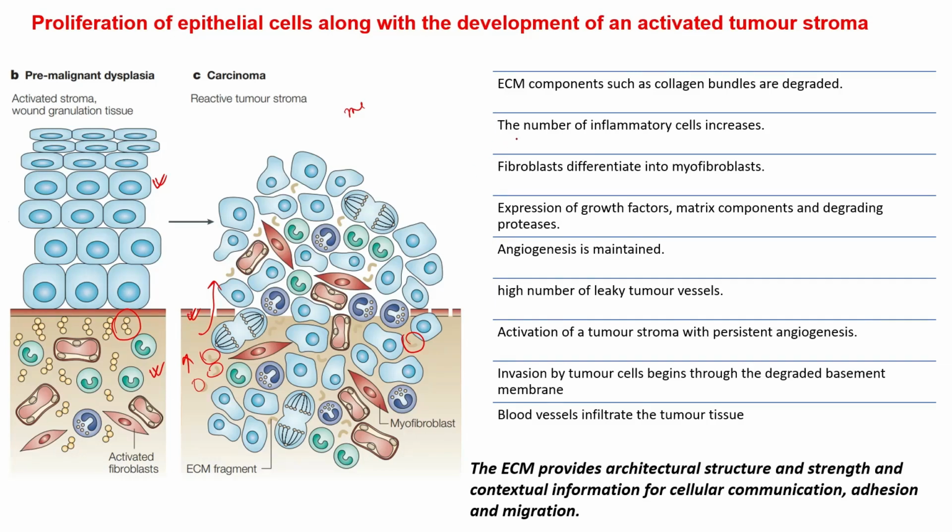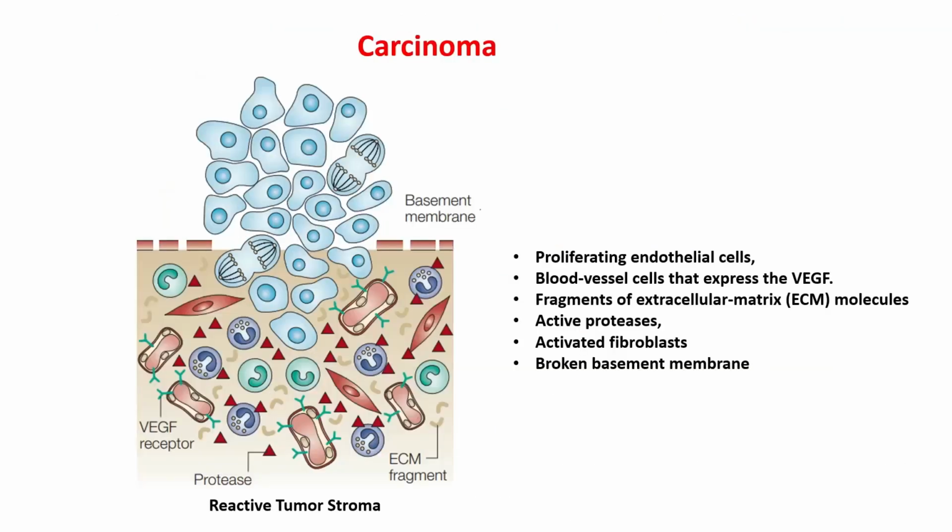We also have a high number of leaky tumor vessels, and moreover there is activation of the tumor stroma, which leads to persistent angiogenesis of the lesion. These are the features seen in carcinoma. We have a proliferating group of endothelial cells which keep on proliferating.